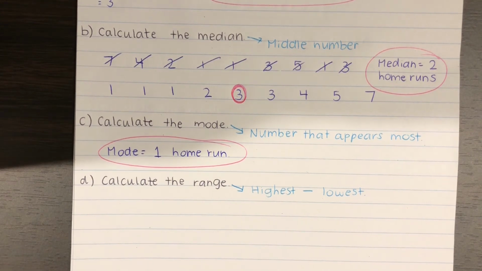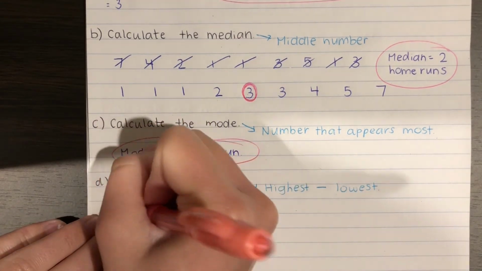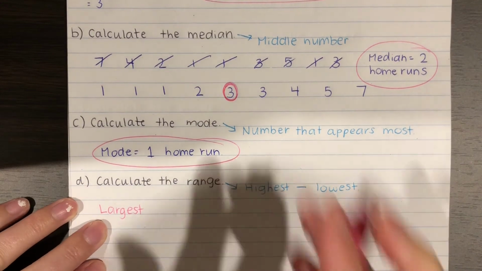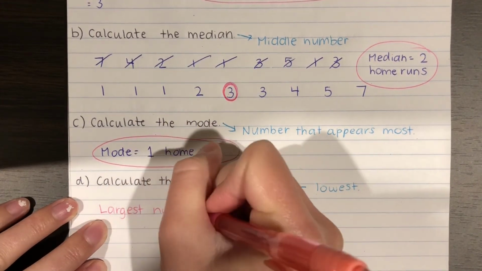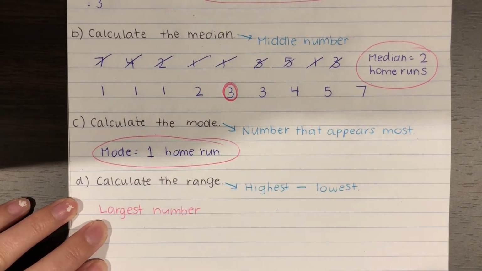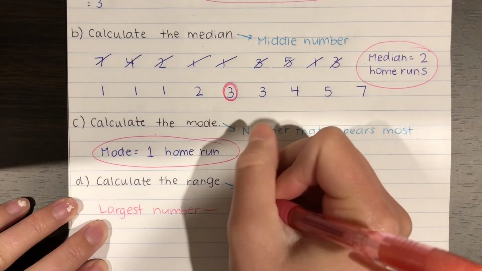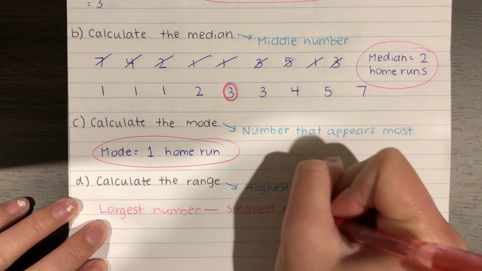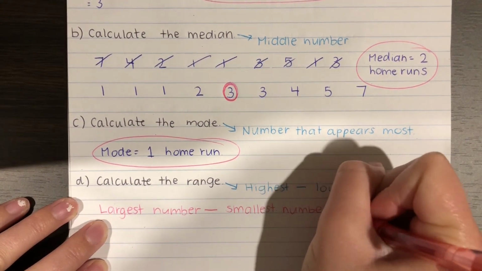So you are going to take your largest number and you are going to subtract the smallest number from it. So, in pink, I'm going to write largest number minus smallest number.